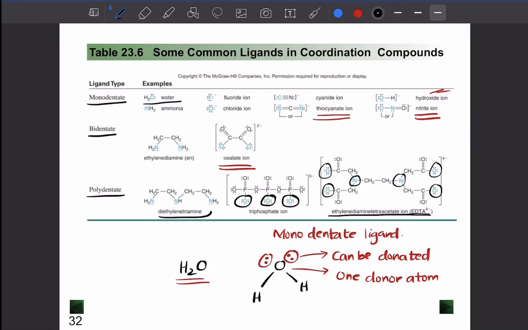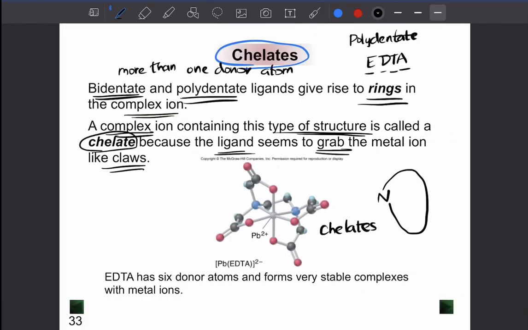And another one is diethylene triamine. You have three nitrogens that are ready to donate their electrons. These are compounds that are generally called polydentate ions. So chelates are only formed when the ligands are either bidentate or polydentate.